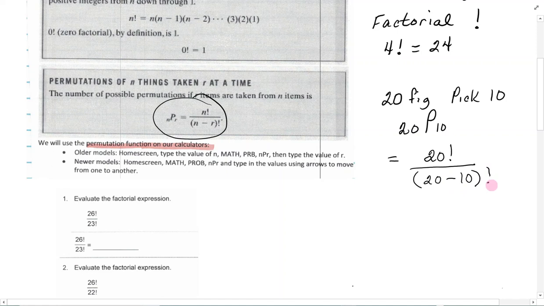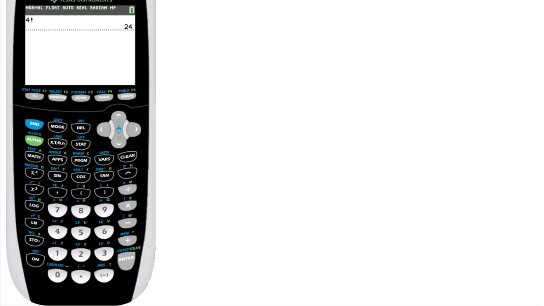You can do that with your calculator. You could say that is 20, then you'd go math, go to the right, to probability, to factorial, and then divide it by, open parentheses, 20 minus 10, close parentheses, math, over to probability, choose number 4, which is the factorial symbol, enter.